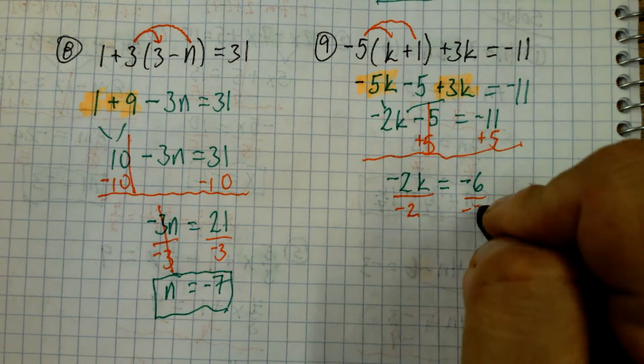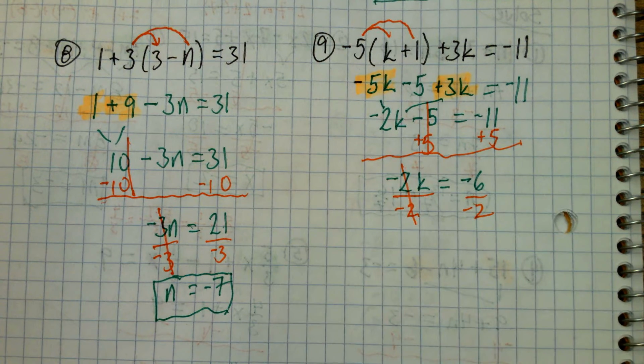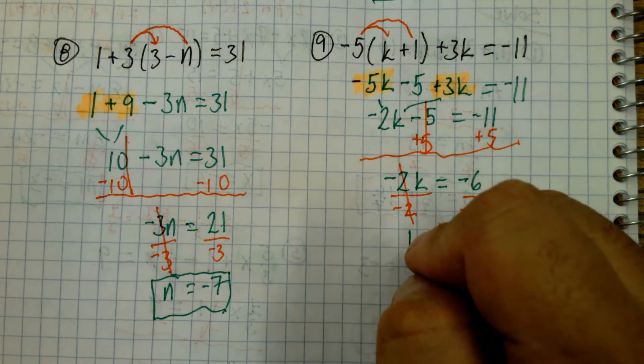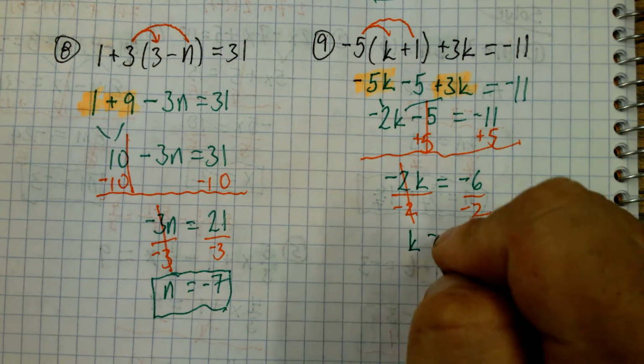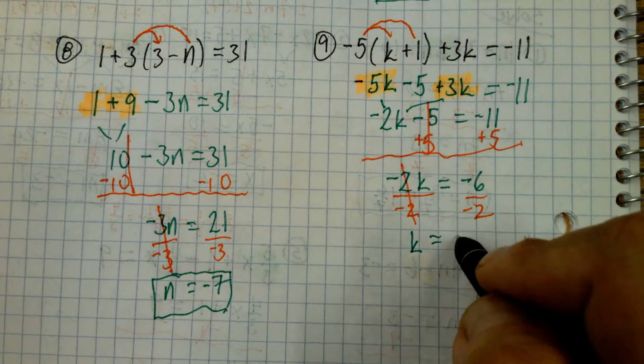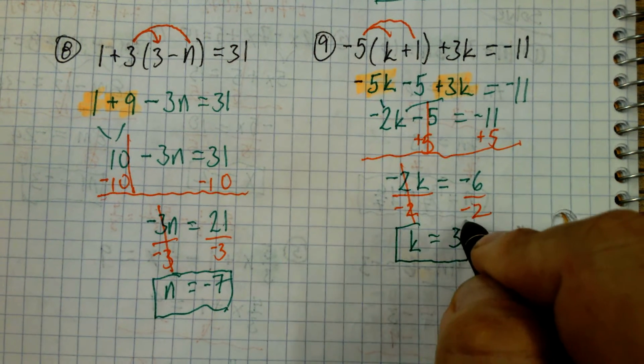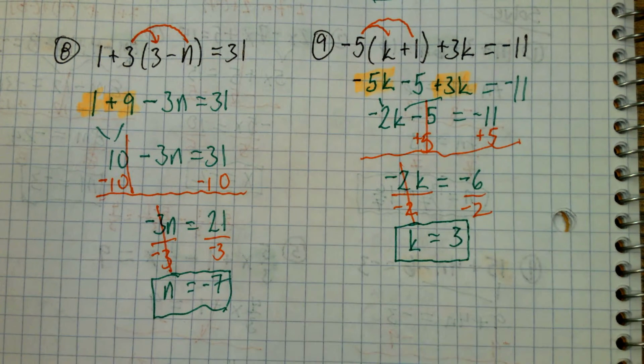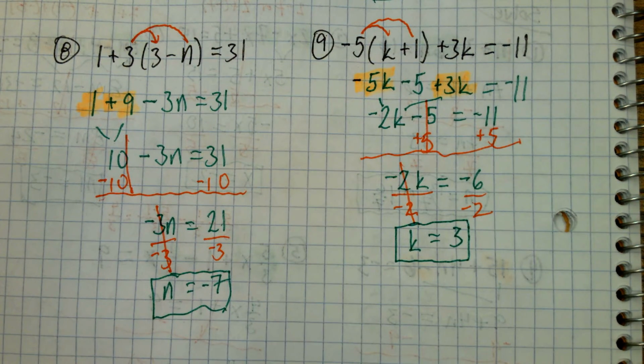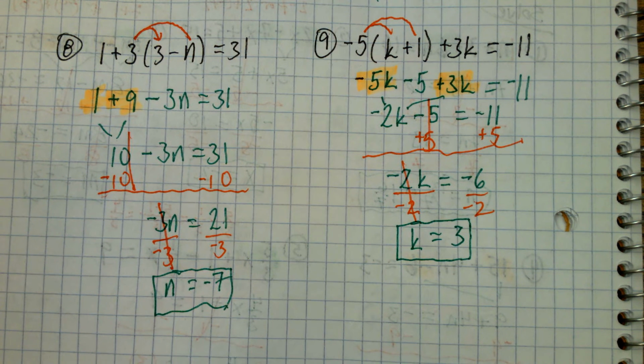I'm going quicker on these steps because we've done them so much. Hopefully they're easy. And so this is positive 3. Okay. So that's our answer, just 3.